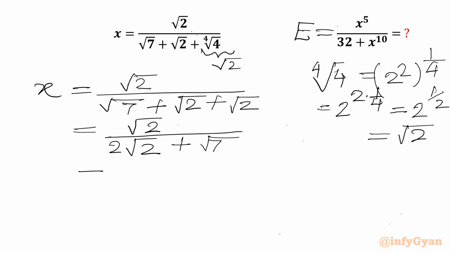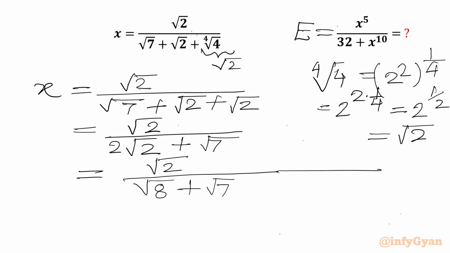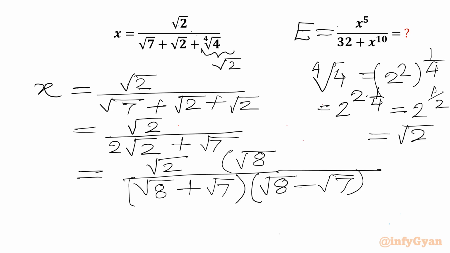Now I can write 2 square root 2 in the denominator as square root 8. Then we have square root 7. Now I will rationalize our denominator. So I will multiply with square root 8 minus square root 7 in the denominator and in the numerator. Now we have a plus b times a minus b form in the denominator.